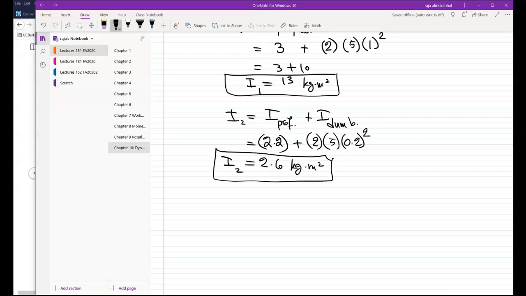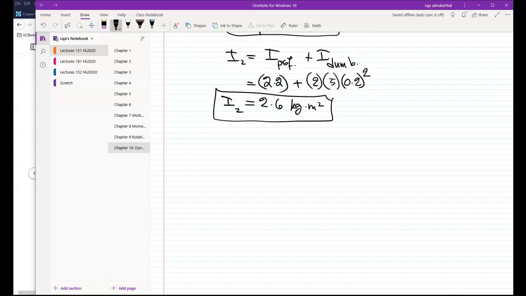Now the next step is I want to use conservation of angular momentum, which is I1 omega 1 equals I2 omega 2. He gives me omega 1, but in a funny unit, he said 1 rev per 2 seconds. Well, I want it radian per second. So take that 2 to the side.